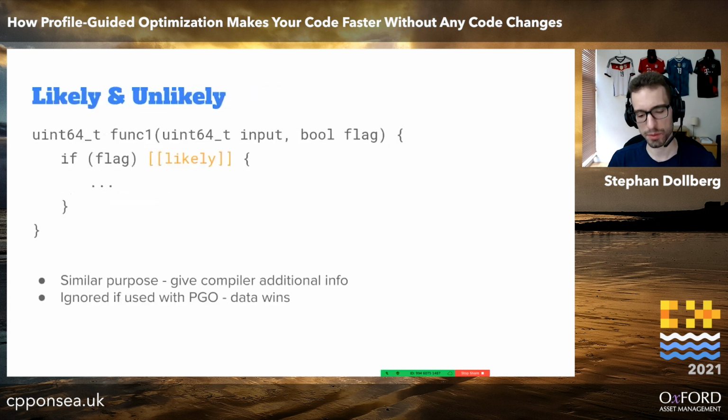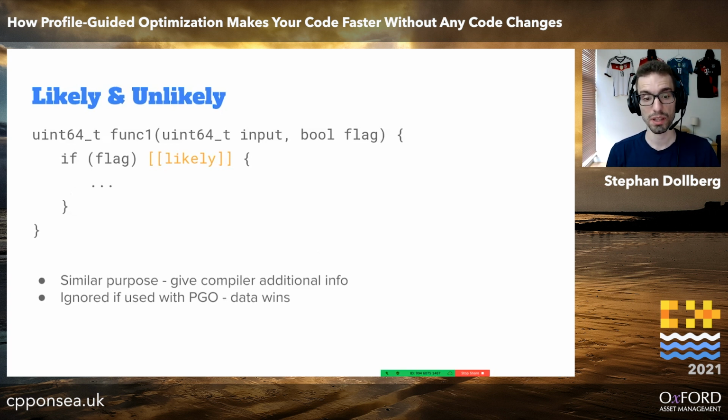And this is a final slide because people will probably ask about it. Likely and unlikely is something which I think is now even in standard C++20 as an attribute. What does it do? You can annotate if branches, for example, as likely or unlikely. So you're telling the compiler, oh, this is a likely branch. And in the very beginning, we talked about this error case.